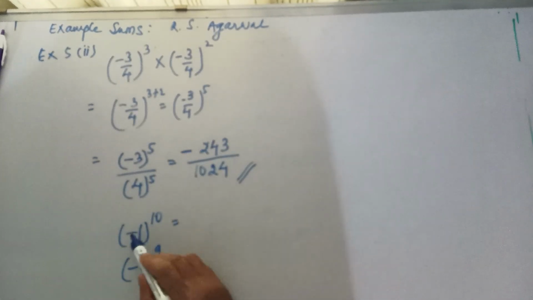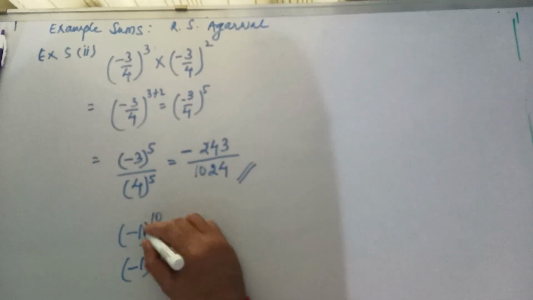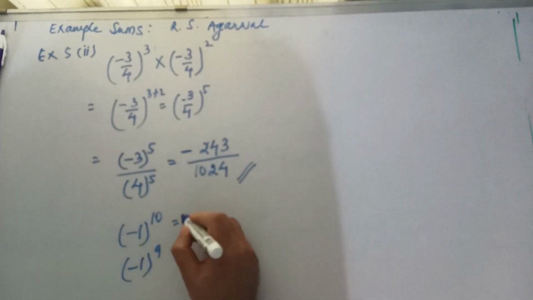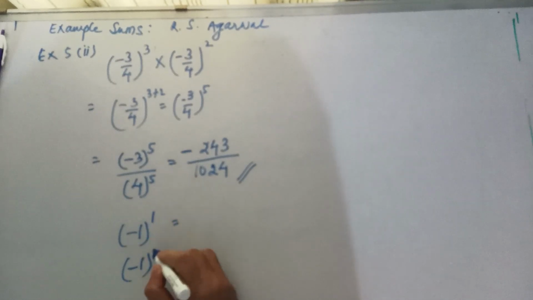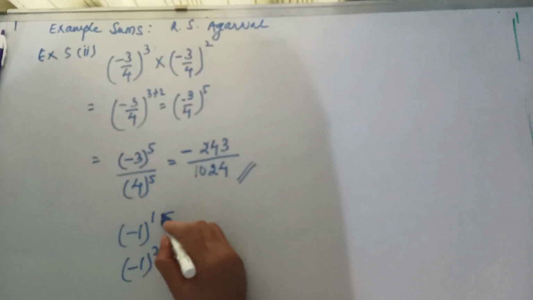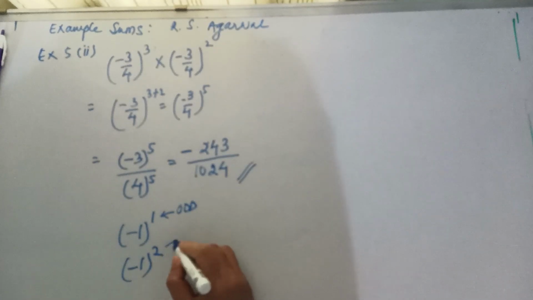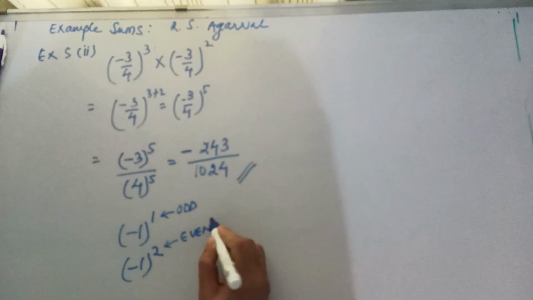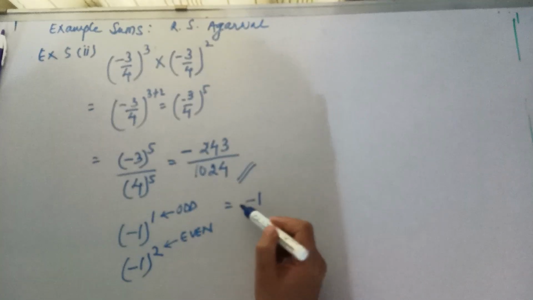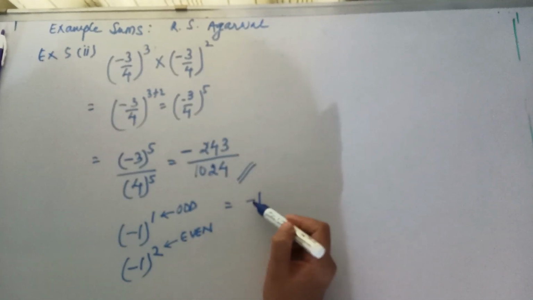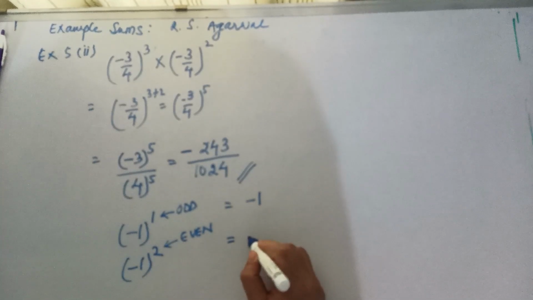Here we have the power as odd, and here the power is even. So remember one thing, whenever there is an odd power, the result will be minus. And here the result will be positive. Whenever we have an even power, the result will be positive.